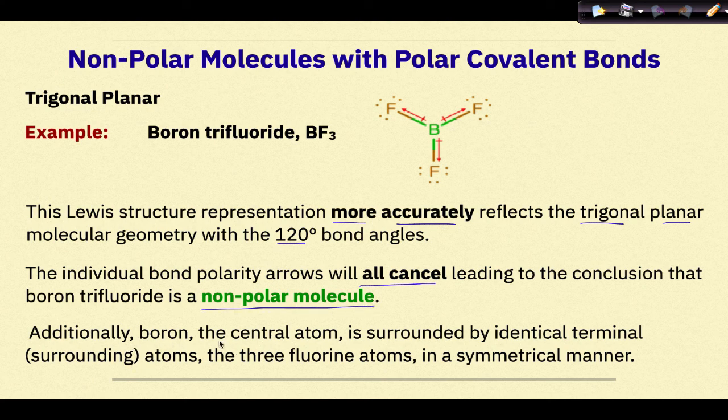Additionally, boron, the central atom, is surrounded by identical terminal atoms, the 3 fluorine atoms, in a symmetrical manner. So the shared electron pairs between the boron and the fluorine are all pulling equally out towards the fluorine. Therefore, this would be considered a nonpolar molecule.